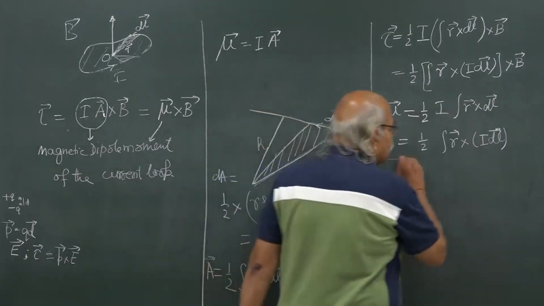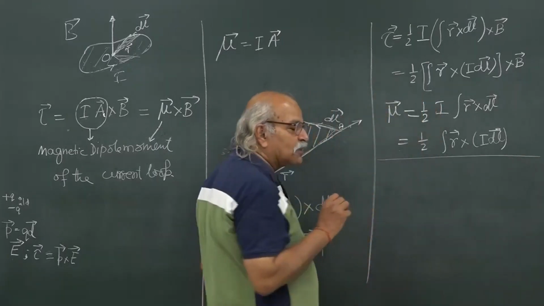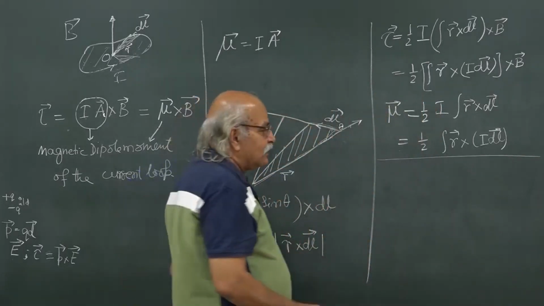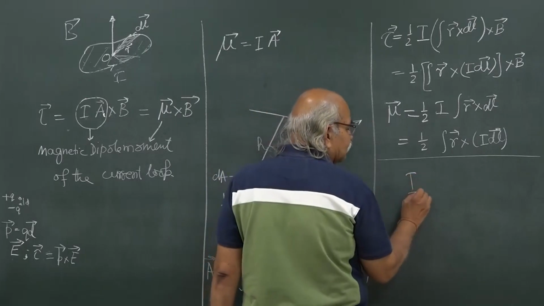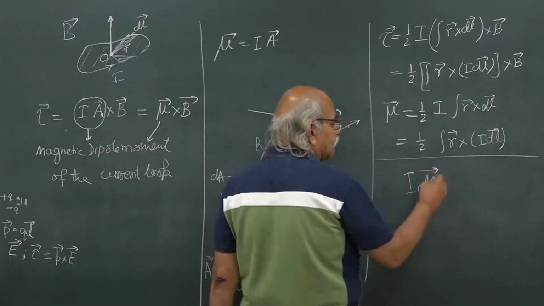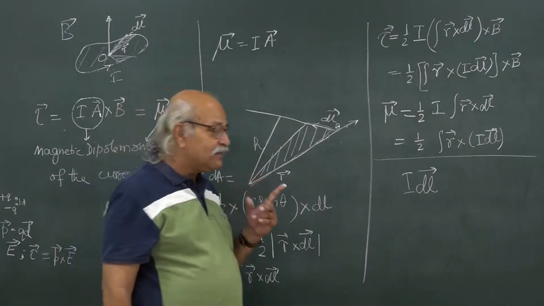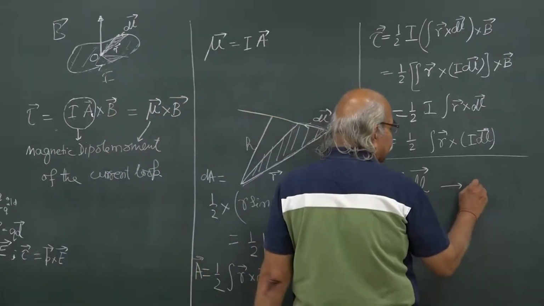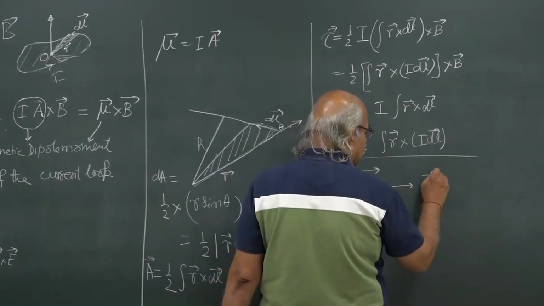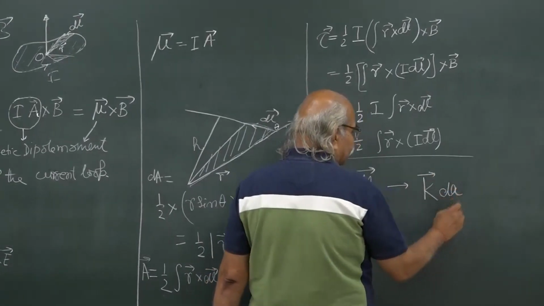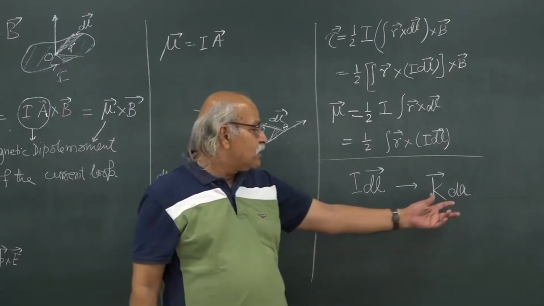Remember, we had talked about current elements, and if it is a linear current, then we said that this will be our elementary current element. If it is surface current, then it will be K and then dA. dA is area.